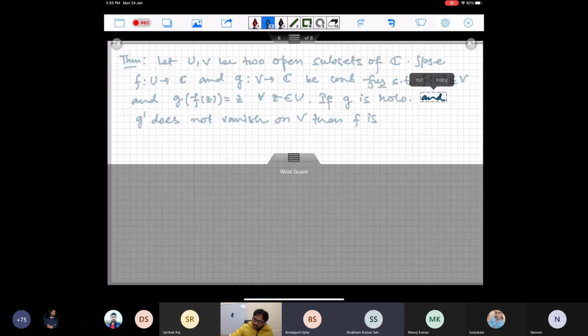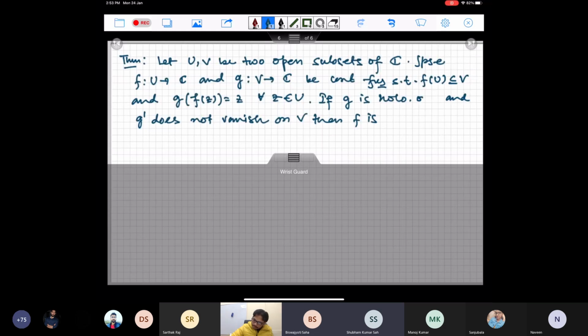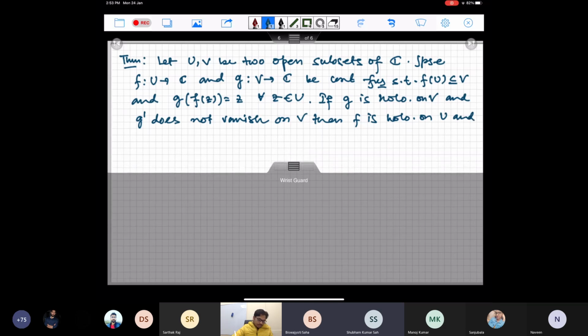So if g is holomorphic on V and g' does not vanish on V, then f is holomorphic on U. And I can also talk about the derivative: f'(z) is equal to 1 upon g'(f(z)). Okay, so this is what we get, and this is the theorem.